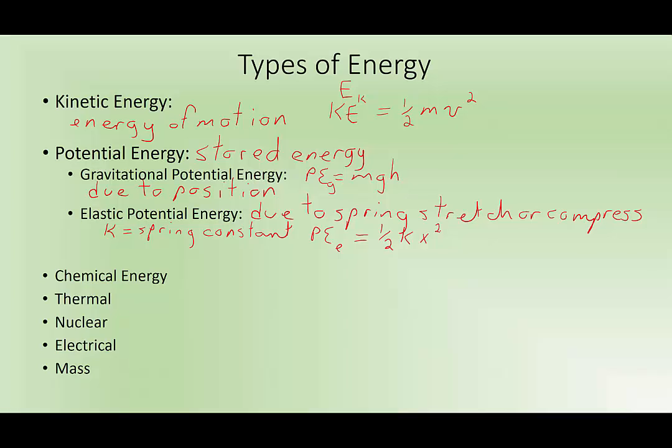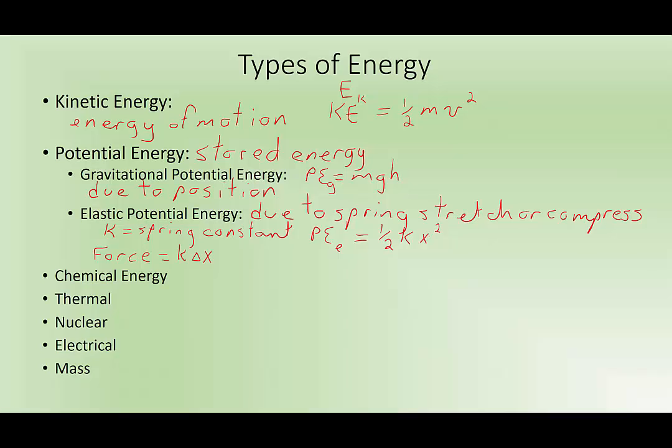Now, in order for the spring to be compressed or stretched, of course, we need a force. And the force of compression or stretch is equal to k delta x. Delta x, again, being the amount that the spring is compressed or stretched.